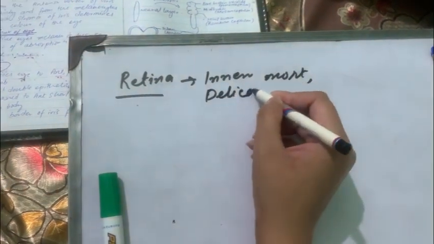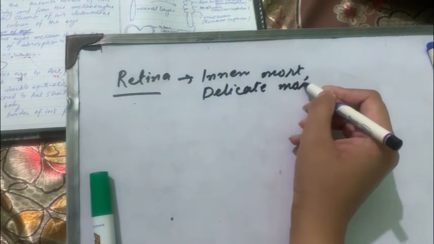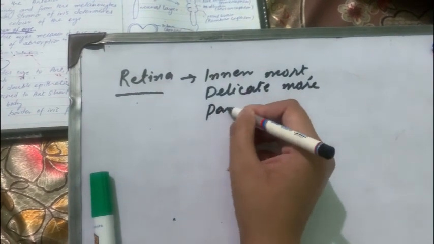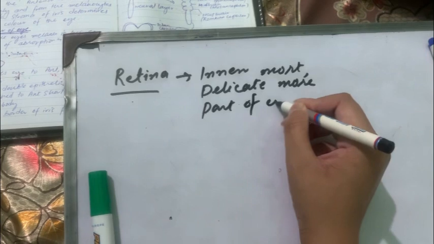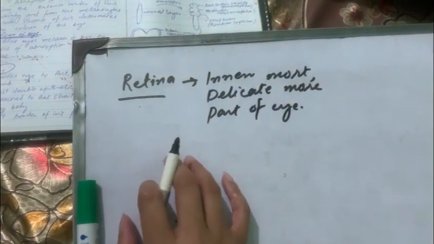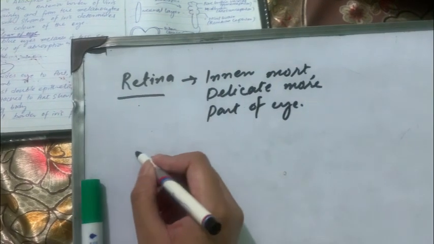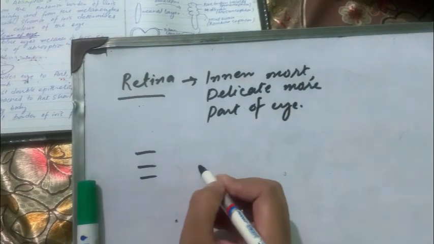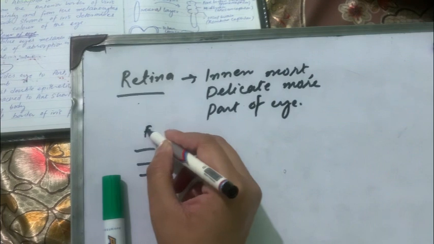Delicate most part of eye. Okay, so talking about the basic anatomy, first of all we should know that there are total 3 layers in the eye.